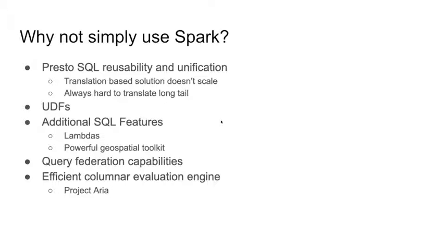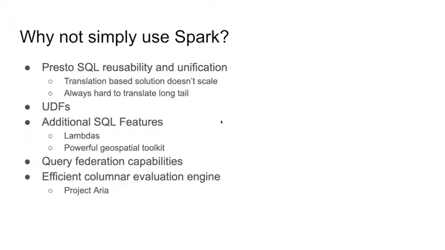The other reason is the UDFs. Presto has a set of unique UDFs that would need to be translated to Spark if we wanted to translate Presto queries to Spark. Additionally, Presto SQL has some features that Spark SQL doesn't support, like for example, lambdas. Lambda functions are used to do various operations on complex types.